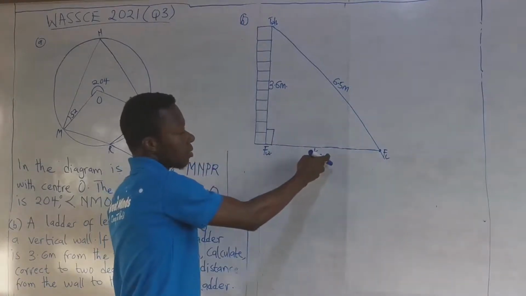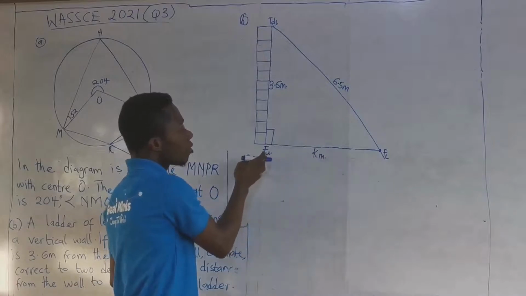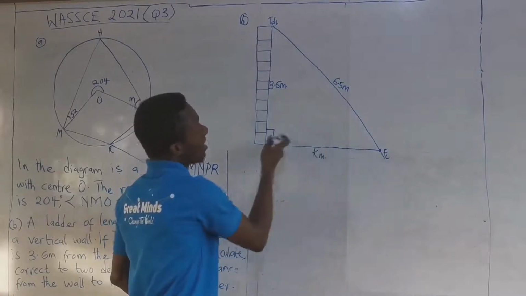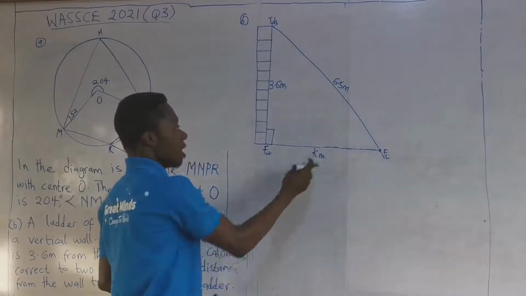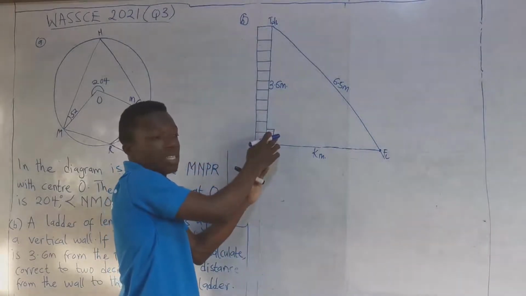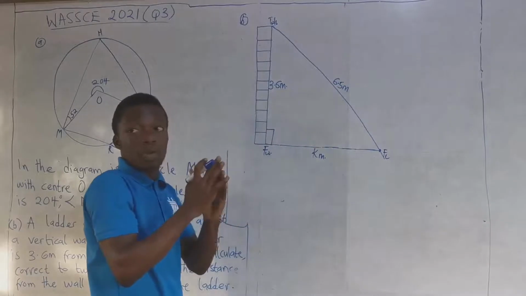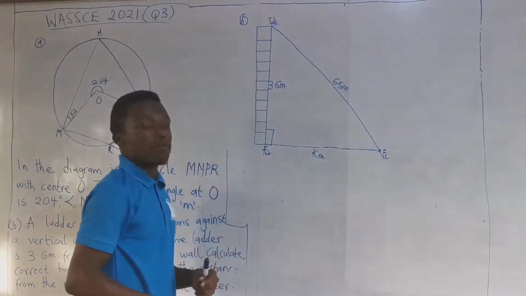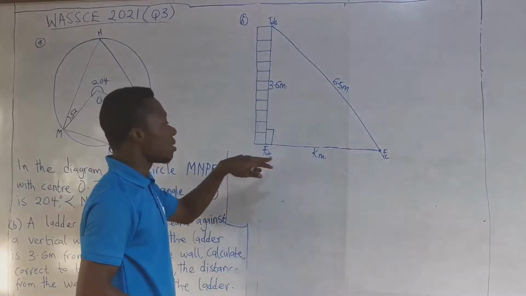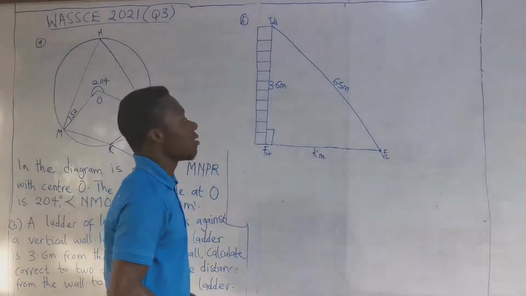So that is the representation for the distance between the foot of the wall and the ladder. So K. But because we have an angle of 90 degrees here, we can use Pythagoras theorem to solve for the value of K, the distance between the foot of the wall and the foot of the ladder.